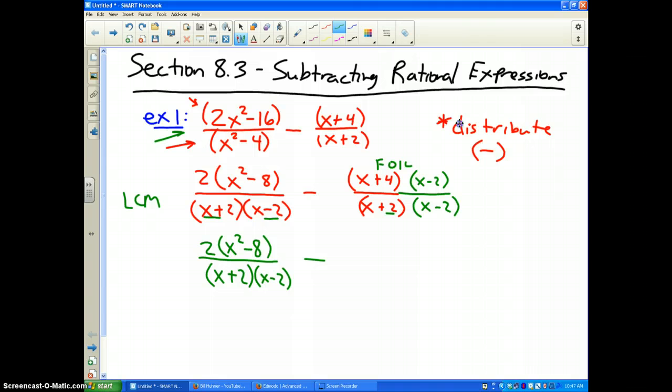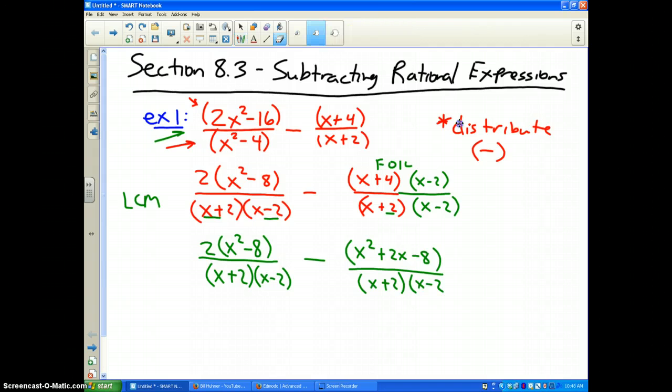So therefore, I'm going to get parenthesis x squared plus 2x minus 8, the whole thing divided by x plus 2 times x minus 2. Now I probably, since I couldn't factor the numerator here on the left side, I should probably redistribute that 2 and get back what I started with so I can combine my like terms. So that's what I'm going to do.